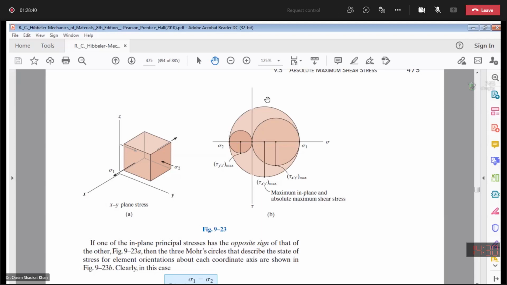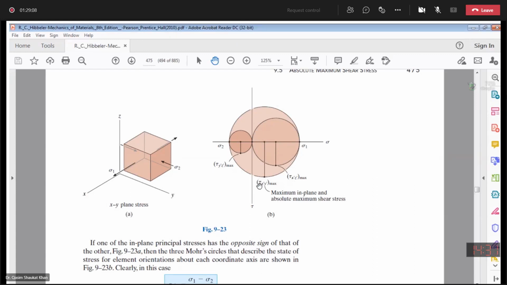So you will get this outer Mohr circle, which will have the maximum in-plane shear stress. It will give you the absolute maximum shear stress, and it will also give you the maximum in-plane shear stress because it includes both sigma 1 and sigma 2. ठीक है जी?